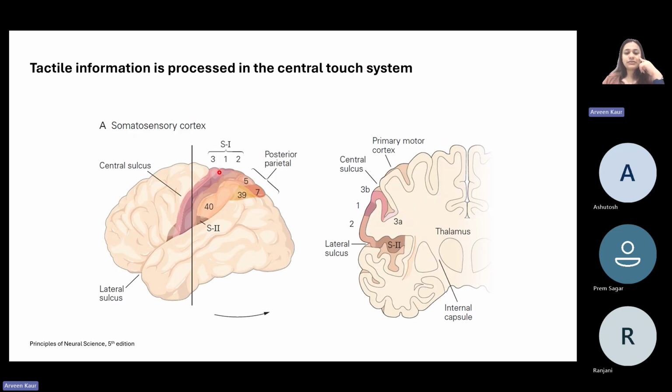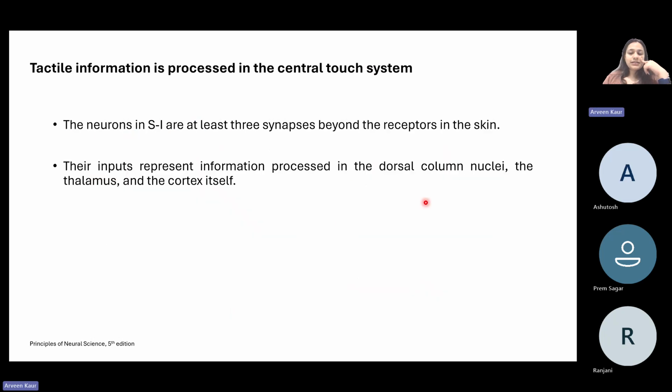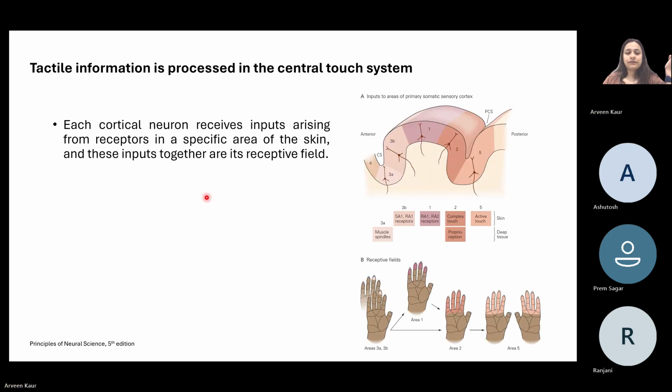So this is the somatosensory cortex, just behind the motor cortex, as I told you. The neurons in SI are at least three synapses beyond the receptors in the skin, as opposed to five synapses beyond in the auditory system. Their inputs represent information processed in the dorsal column nuclei, the thalamus, and the cortex itself.